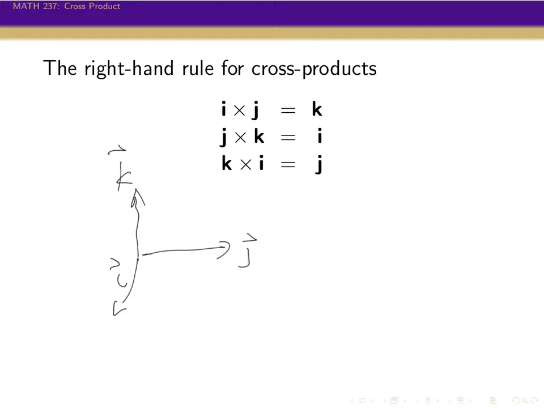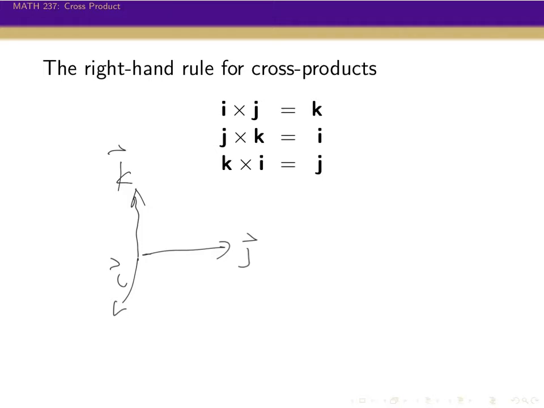The next one's a little bit easier to see. If I take my right hand and point it in the direction of J, then my palm would be sort of facing up, my fingers pointing to the right. And then when I curl my fingers, they curl up, and so that's in the direction of K. And then which way is my thumb pointing?